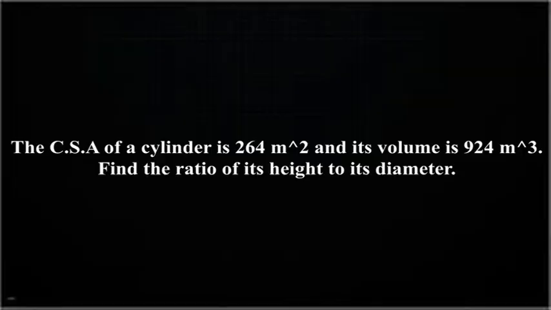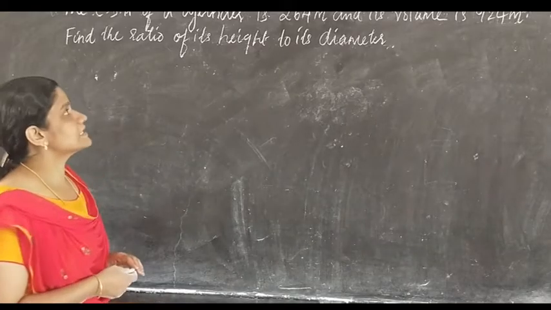Next question. The curved surface area of a cylinder is 264 meters square and its volume is 924 meter cube. Find the ratio of its height to its diameter. So here a condition is given to us. Using this condition, we have to find the ratio of its height to its diameter. Okay. So the first thing is the CSA of a cylinder.